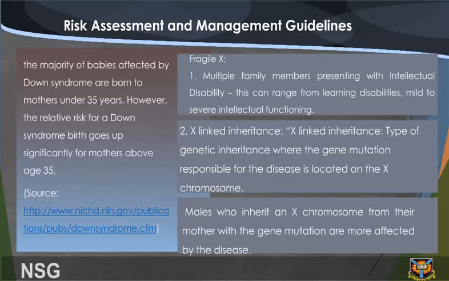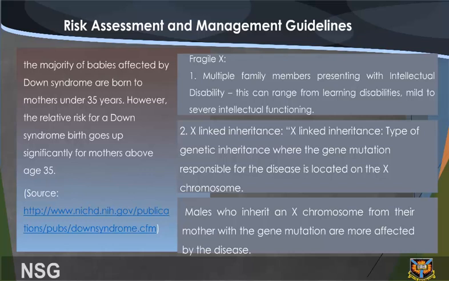Fragile X. 1. Multiple family members presenting with intellectual disability. This can range from learning disabilities to mild to severe intellectual functioning. 2. X-linked inheritance, a type of genetic inheritance where the gene mutation responsible for the disease is located on the X chromosome.